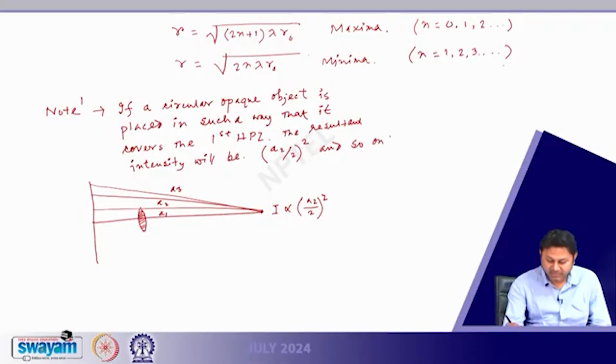So in the previous case, we showed that we have an aperture, and in this case we have an opaque object that we are placing in front of the wavefront in such a way that it is covering the entire first zone, and then I am calculating the intensity at this point P. And if I increase this, we can see that this value will change accordingly.